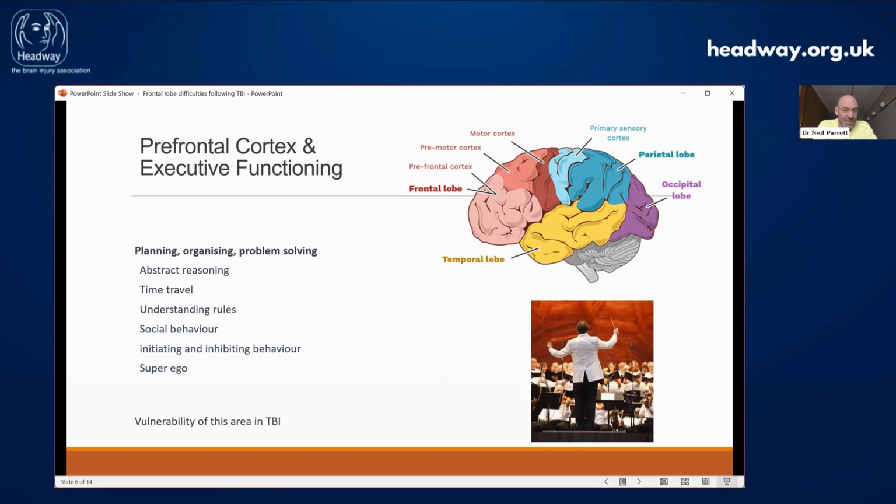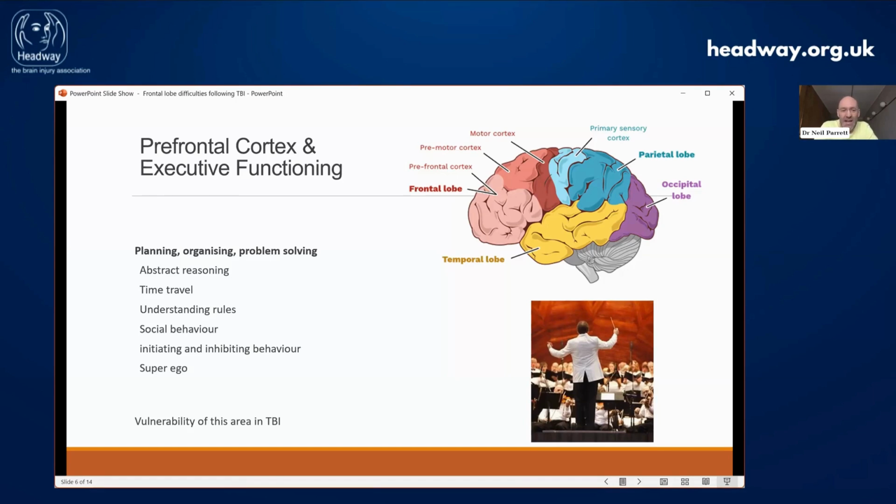So the executive functions, what are they? It sounds a bit weird. Executive functions go beyond pure memory or pure attention or language, and are really involved in putting together, planning, organizing, problem solving, those high order processes that distinguish us from other mammals.